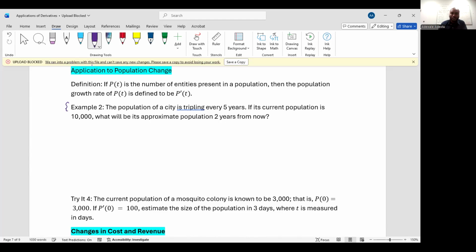Example, the population of a city is tripling every 5 years. So let's say now it is 5,000. In the next 5 years, then it will be 15,000 because it is tripling. If its current population is 10,000, what will be its approximate population in 2 years from now?